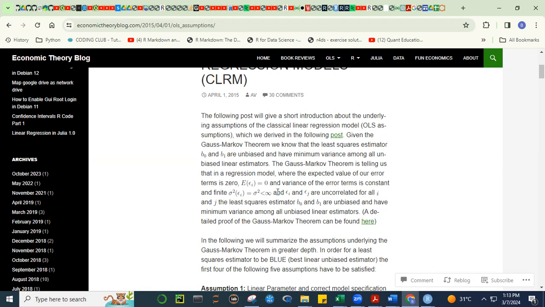And we said that this is not so much of a problem for cross-sectional data, because for cross-sectional data, the order does not matter.